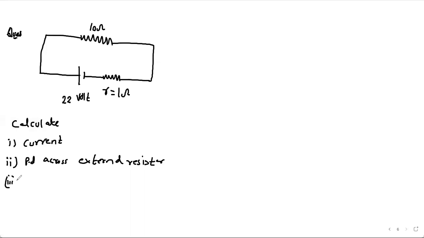Third part, potential difference across internal resistor. Fourth part, calculate terminal potential difference. Do it. Calculate it and report your answer in the chat room fast. It's a straight formula based thing. It should not take more than 2 minutes.